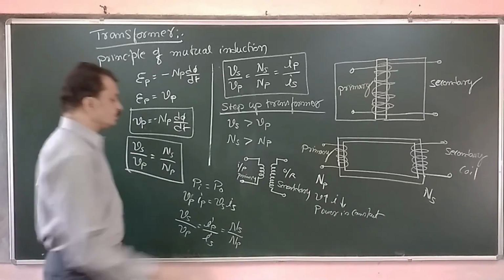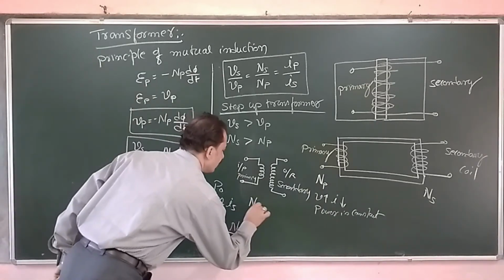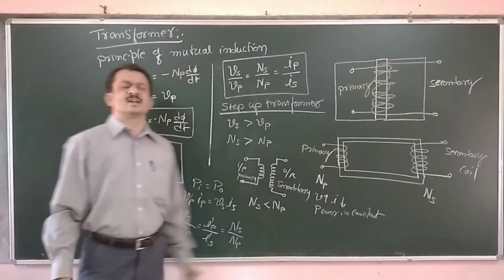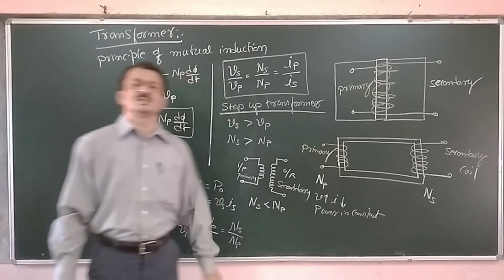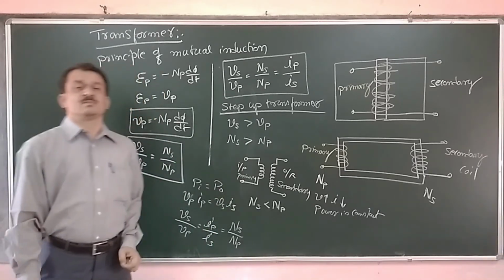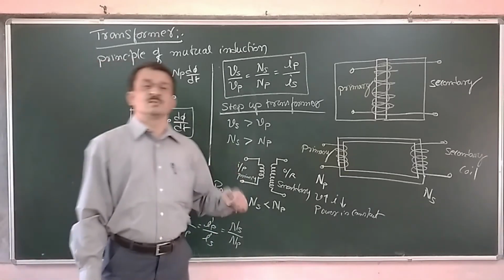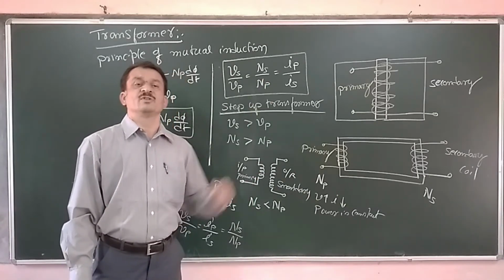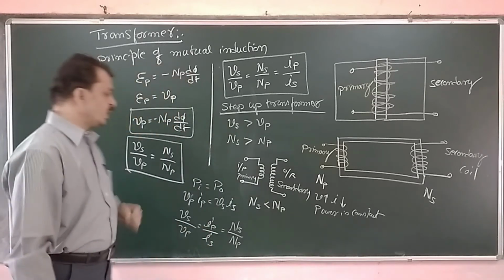We have another type. If Ns is less than Np, that is number of turns in the secondary is less than the number of turns in the primary, then it is called a step down transformer. That transformer decreases the output voltage of the applied input voltage.